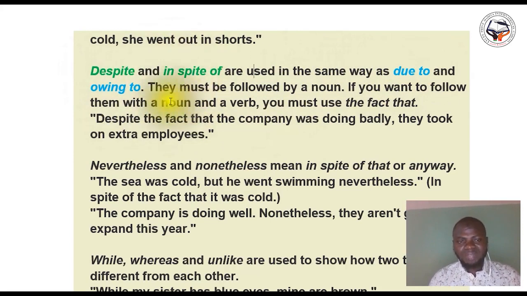But you must put in mind that they must be followed by a noun. If you want to follow them with a noun and a verb, you must use the fact that, like what we saw a few minutes ago. For example, despite the fact that the company was doing badly, they took on extra employees.